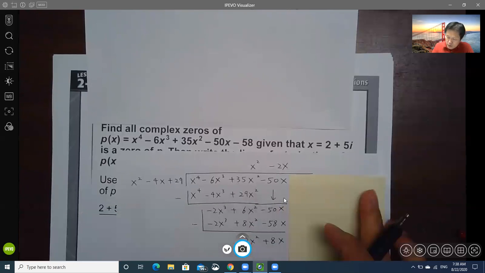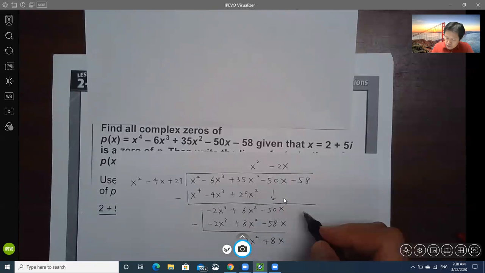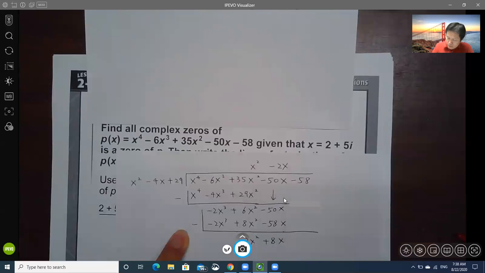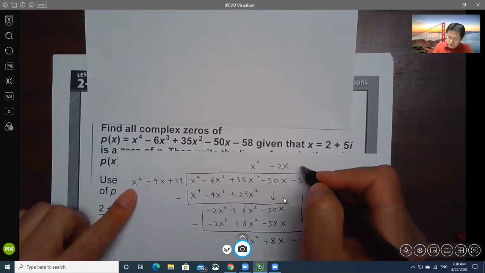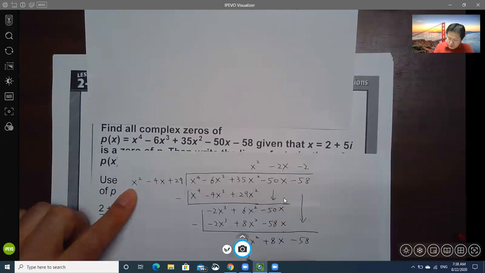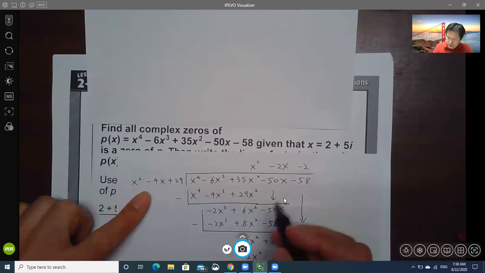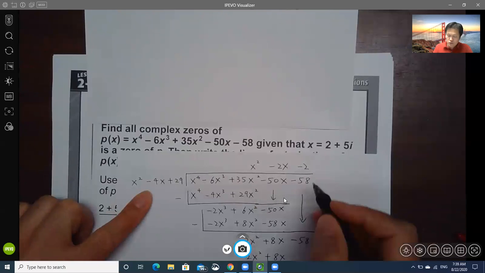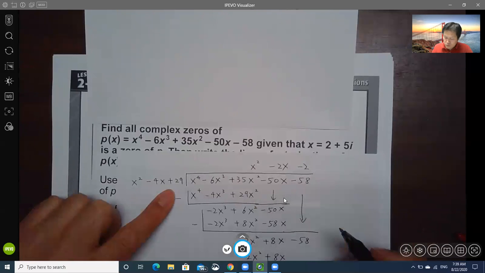Now bring the last term down here, minus 58. So we need a minus 2. Minus 2x squared plus 8x minus 58. It's minus 50. So you get 0.